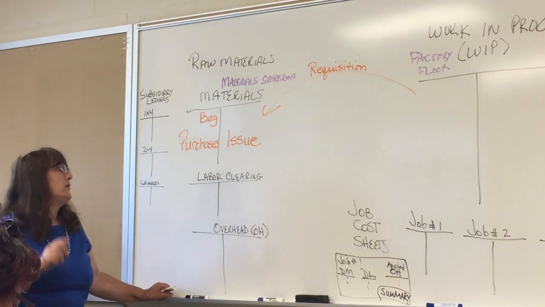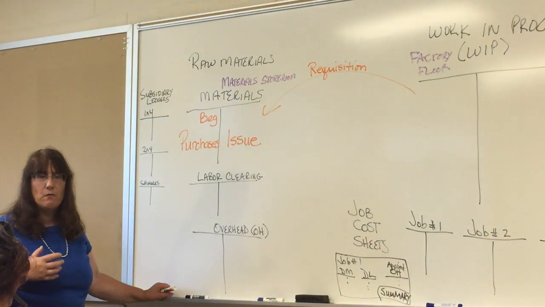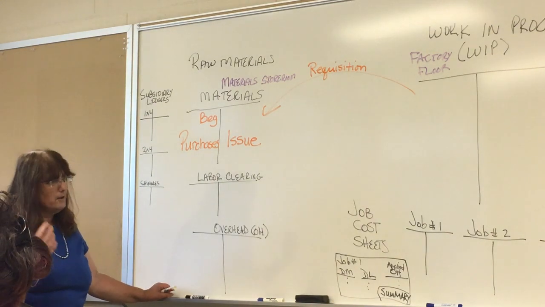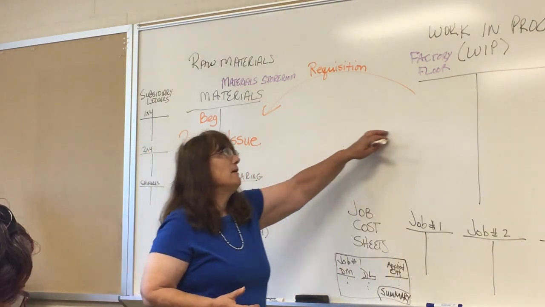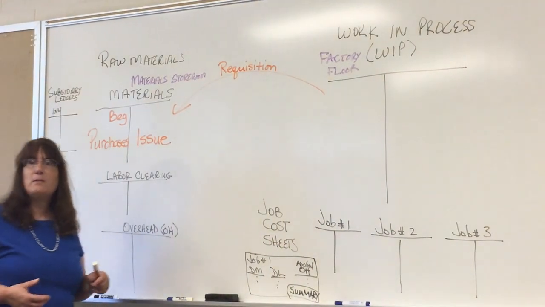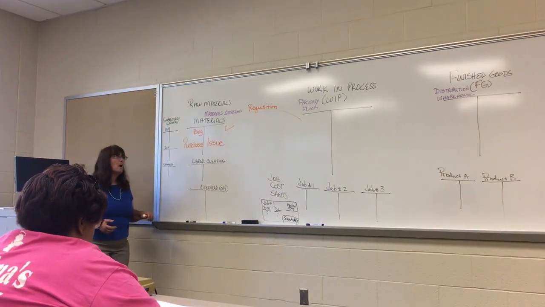Now, all of the materials, regardless of whether they are direct materials or indirect materials, are going to be put on the forklift or whatever and transferred to the factory floor. Physically, all the materials are going to the factory floor.